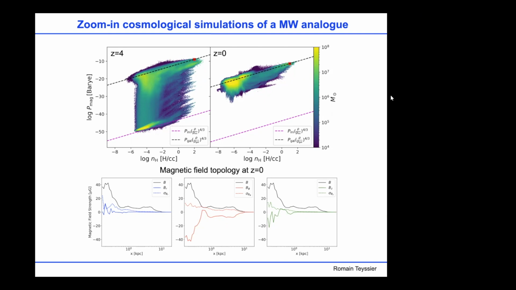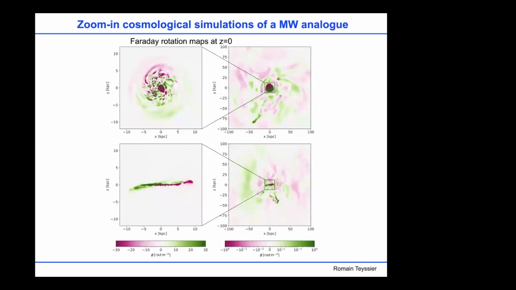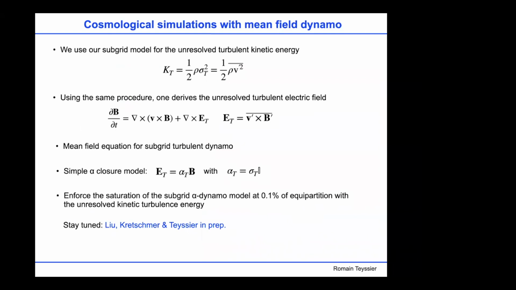Thank you. Very nice talk, Romain. Just following up on your closure model for the dynamo, you said that this is a work in progress, but as you know, at the level of fluctuations that you actually have in your simulations, alpha T by itself has strong quenching corrections.